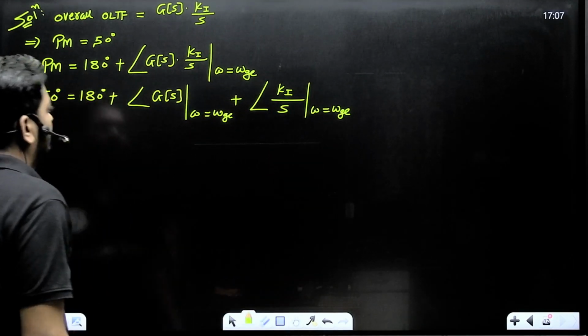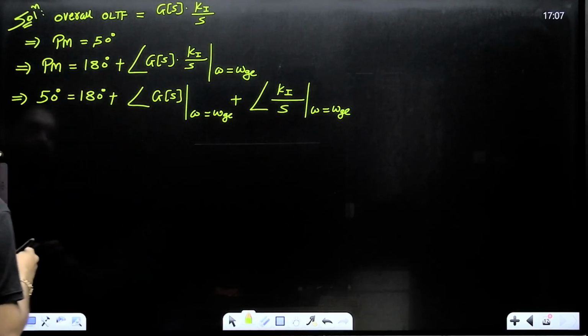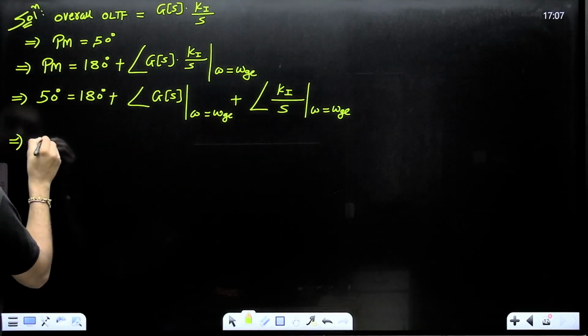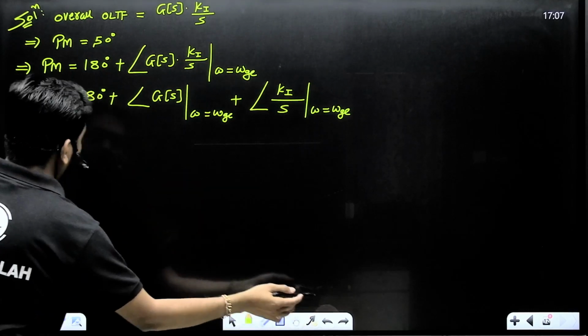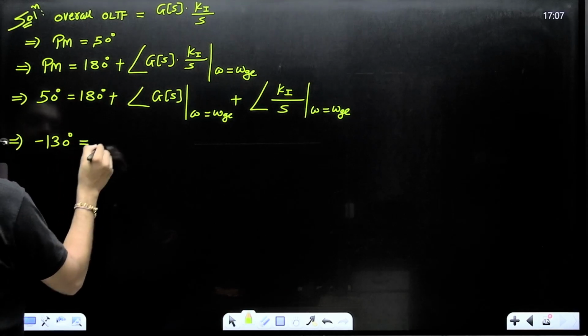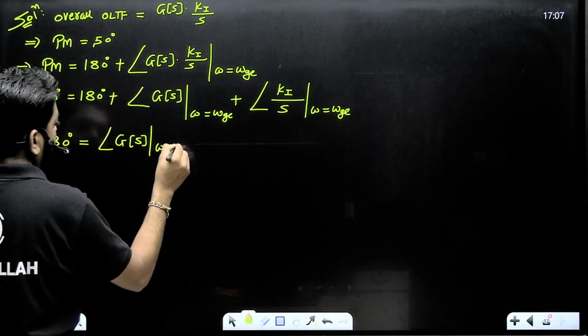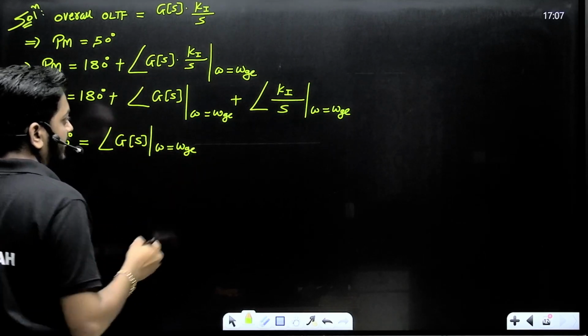Now see, s equal to j omega. If you put s equal to j omega, then this is minus 130-degree, which is equal to the angle of G(s) at omega equal to omega GC.